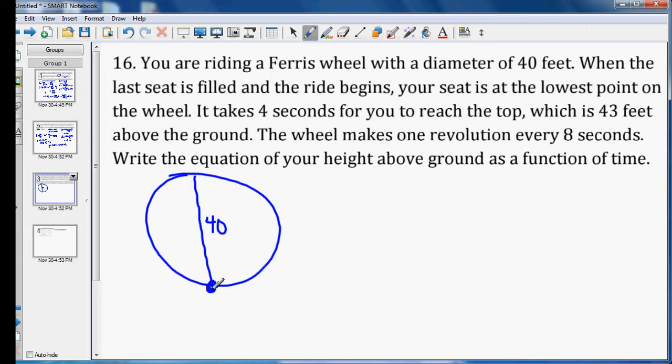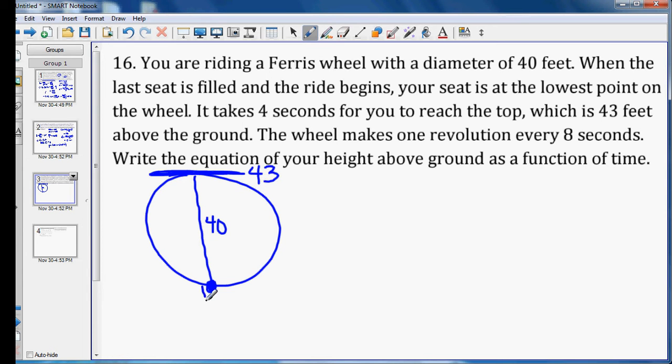It takes you 4 seconds to reach the top, which is 43 feet above the ground. So they're telling us that at the top we're at 43 feet. So if you pause right there, that tells you that the bottom seat is exactly 3 feet above the ground.